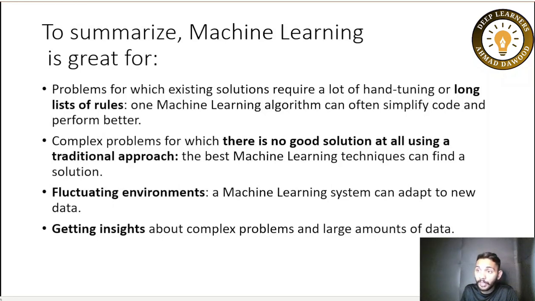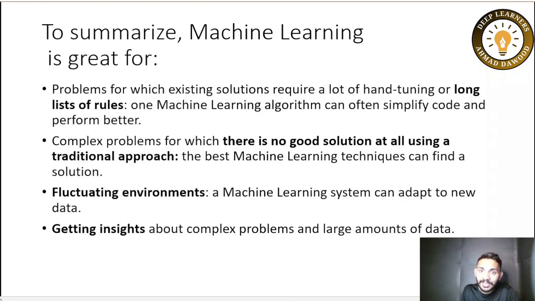It will work much better compared to traditional approaches in a fluctuating environment, like in the case of a spam filter. Spammers are continuously updating the phrases or words they use in their emails. So the environment is very fluctuating. In that case, machine learning can adapt to new data very quickly.